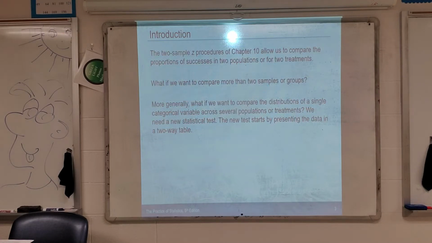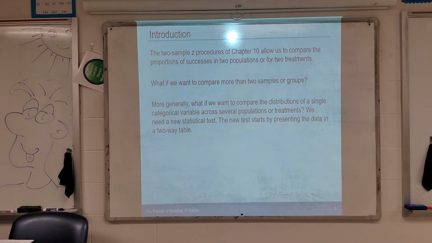Introducing the two sample Z procedures of chapter 10 allows us to compare proportions of successes in two populations or two treatments. What if we want to compare more than two samples or groups? More generally, what if we want to compare the distributions of a single categorical variable across several populations or treatments?